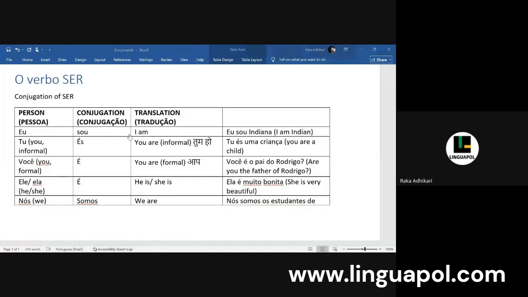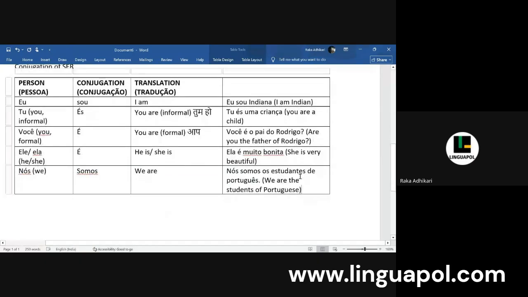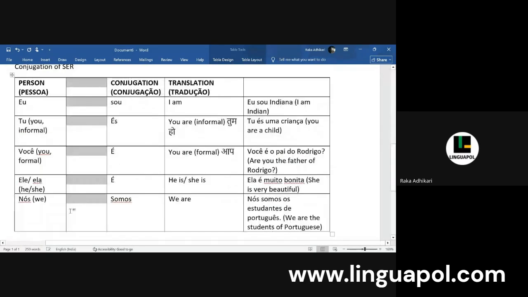Okay. We are the students of Portuguese. Nós somos estudantes de português. So that was first person plural. That is nós. Okay.